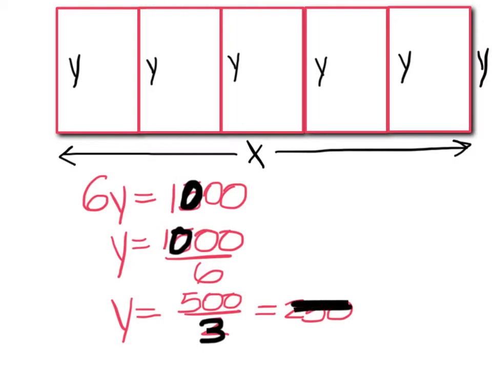We don't want to round it, especially on these problems, because if you start rounding up to 167, you're going to have an extra foot of fence left over, or maybe 2 at the end of it. So 166 and 2/3.